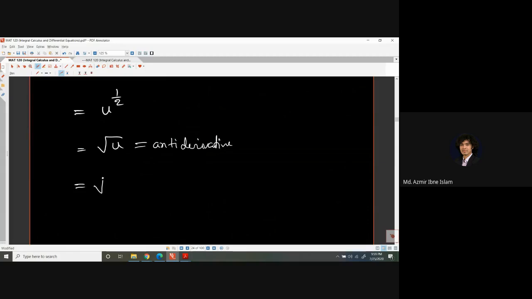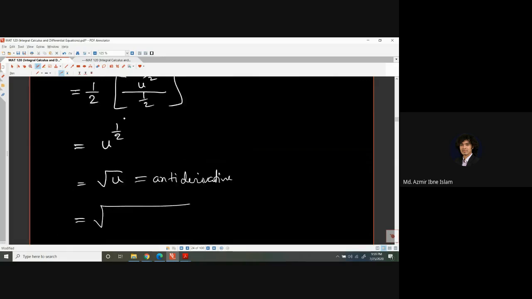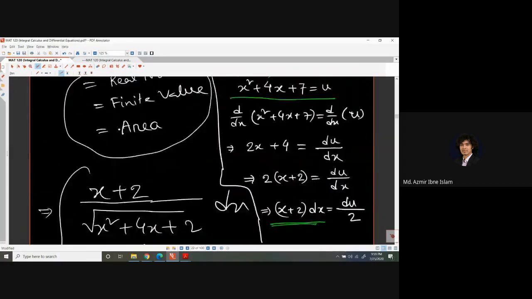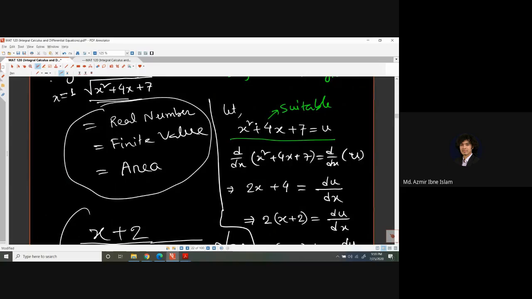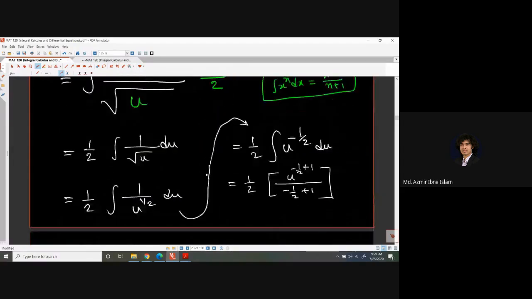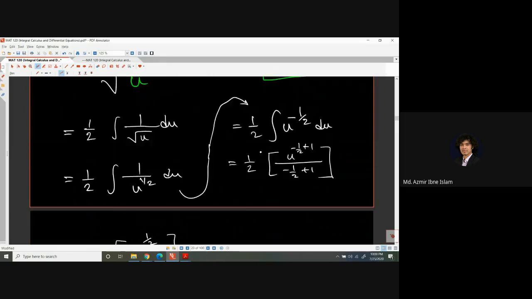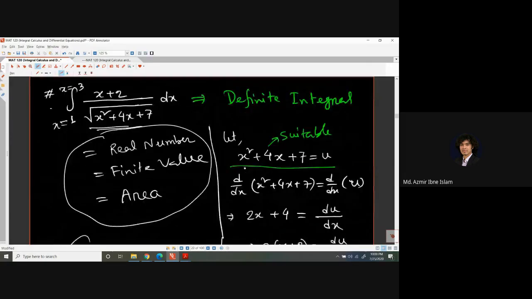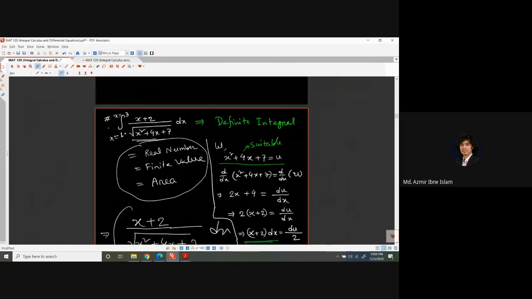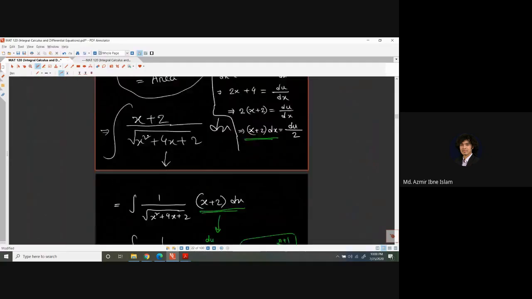But don't forget to get back to the x function. So here you have the x term, that is x squared plus 4x plus 7. So the square root of x squared plus 4x plus 7, that is your final result. So we had actually the definite integral, not the indefinite integral. We have the definite integral from 1 to 3.